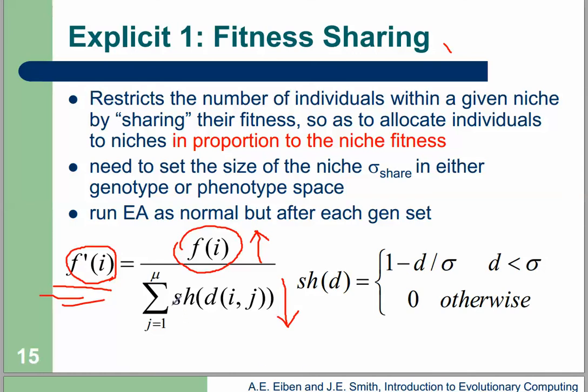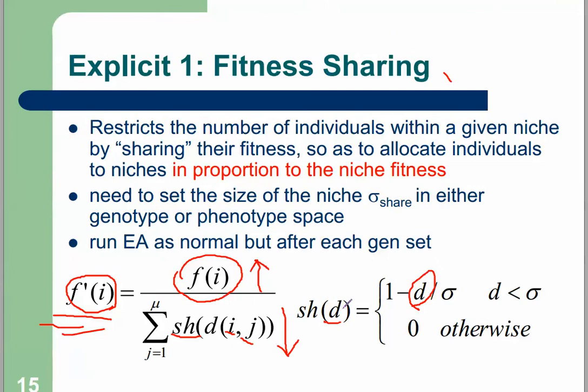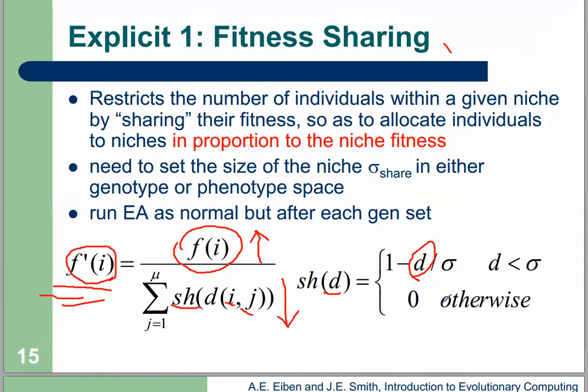The denominator is the sharing, or sh of d. D is the distance or difference between element I and element J. If two elements are very different from each other, D increases, and when D increases, SH decreases.